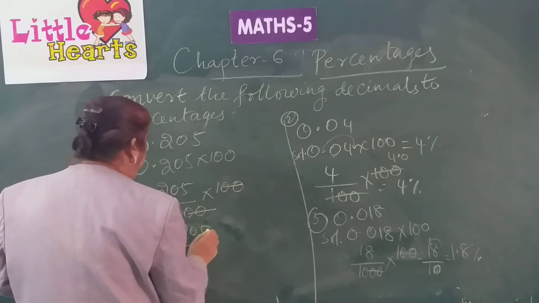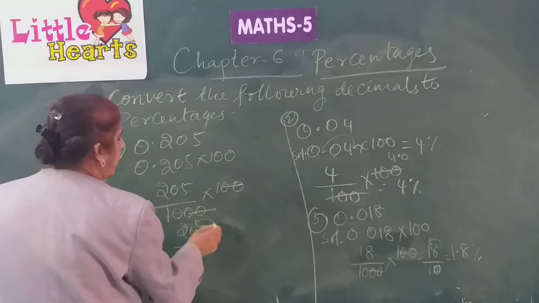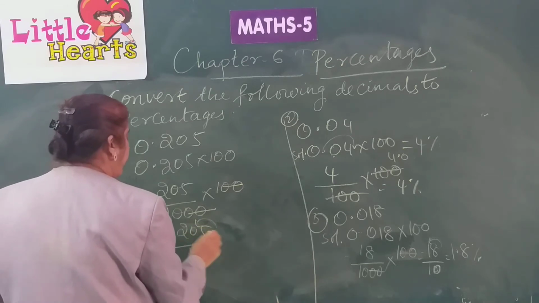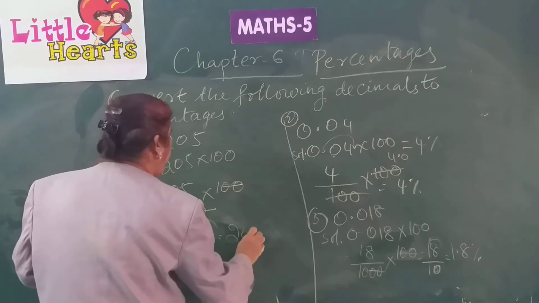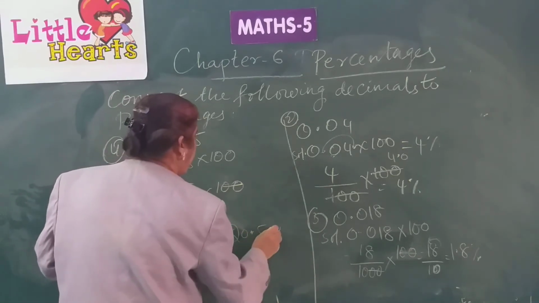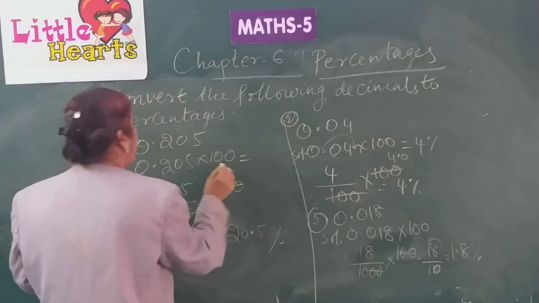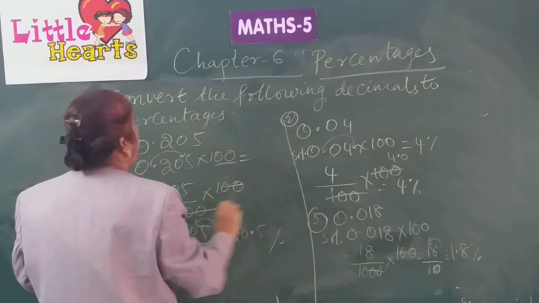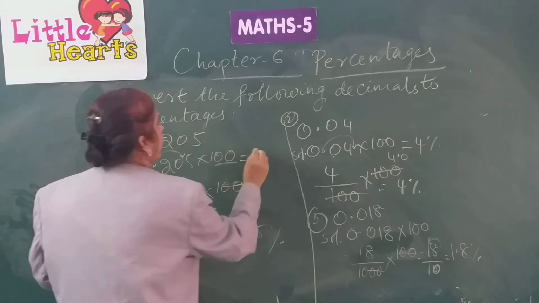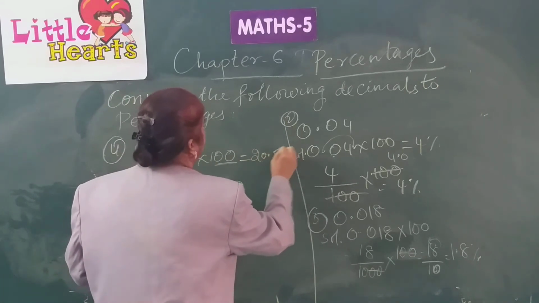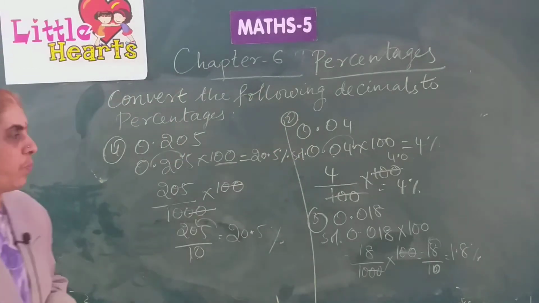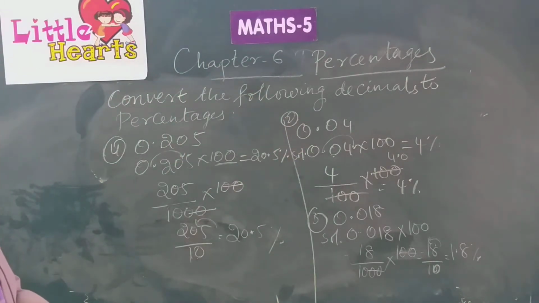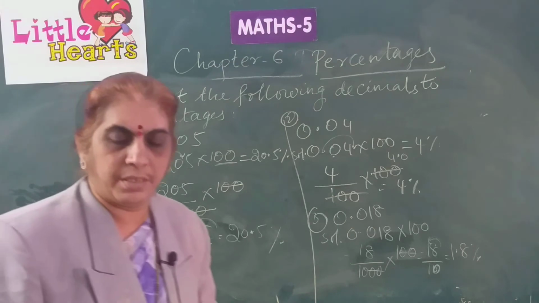And when the denominator is 10, the decimal should be kept one digit from right. So 20.5%. Here also, when you multiply by 100, the decimal should shift 2 places forward towards the right. So 20.5%. In this way, a decimal can be converted into a fraction.